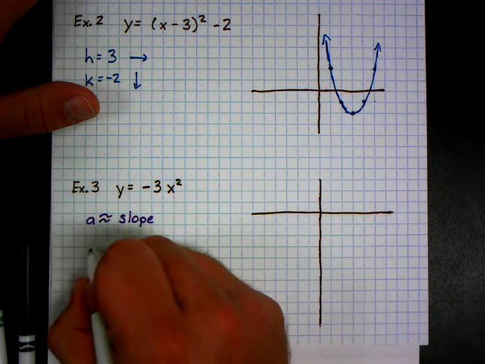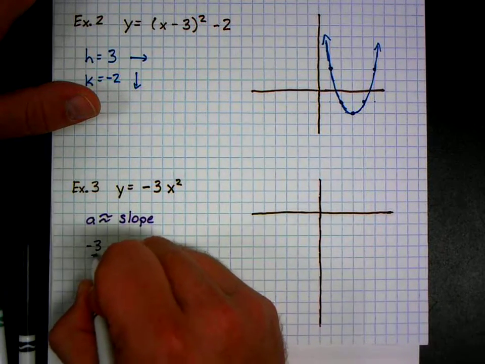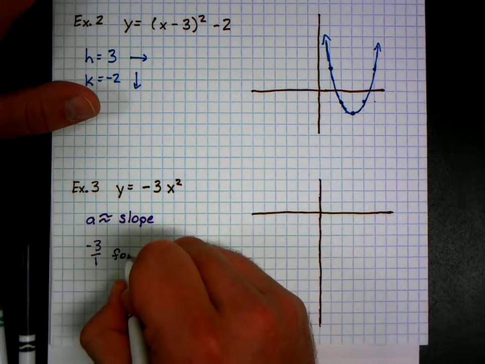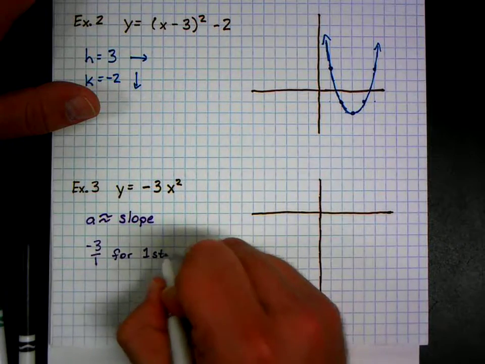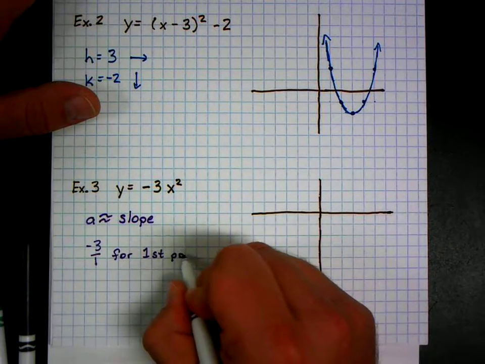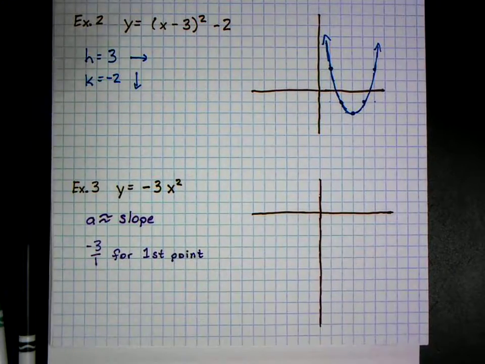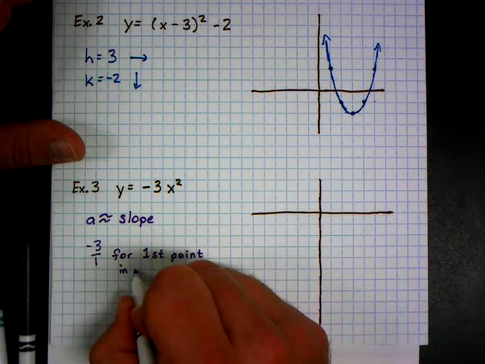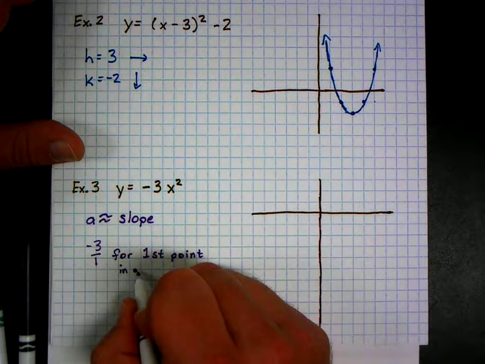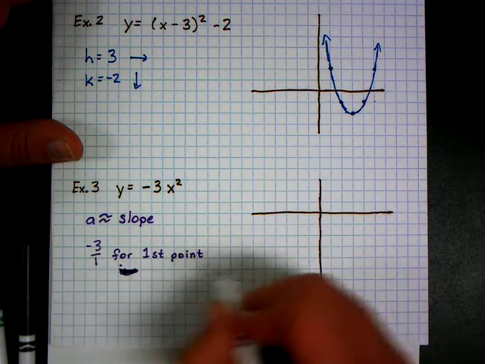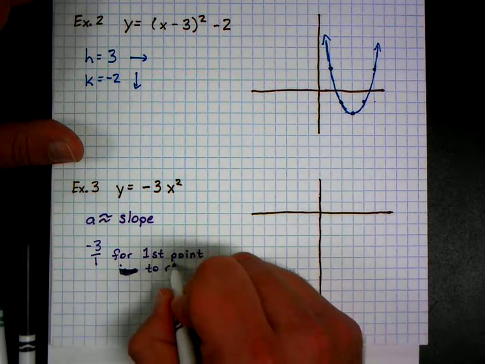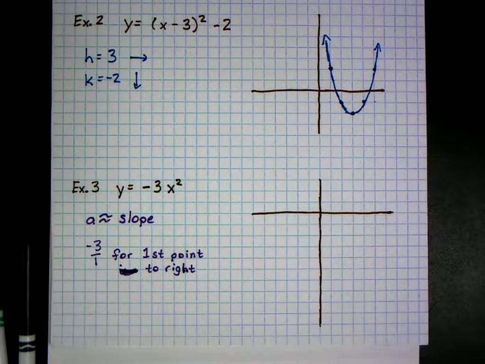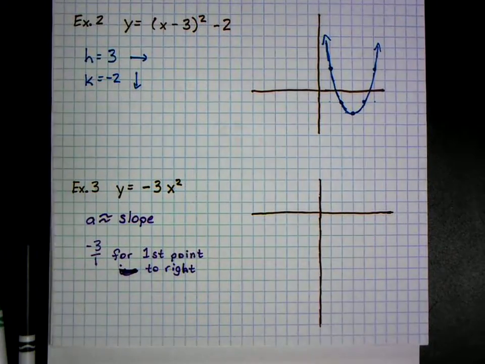So I can always treat this like -3 over 1, for my first point to the right. After that point, you have to know what the graph looks like in order to get the rest of your points.